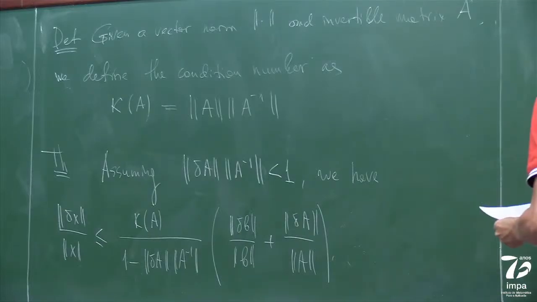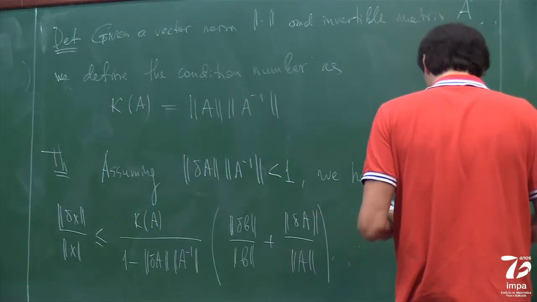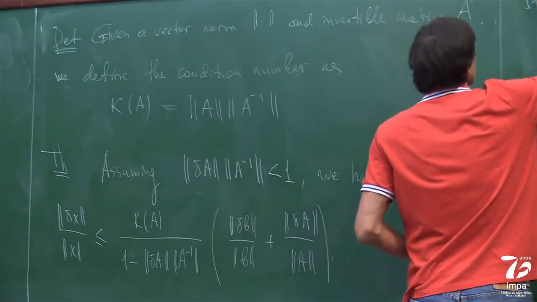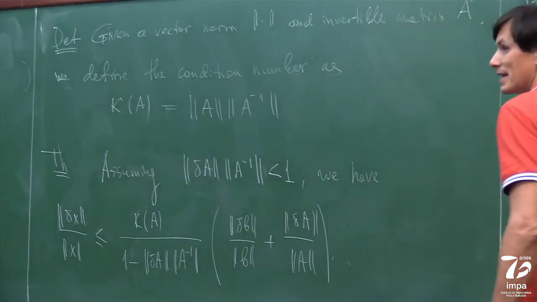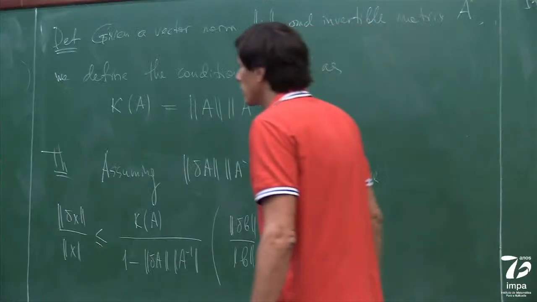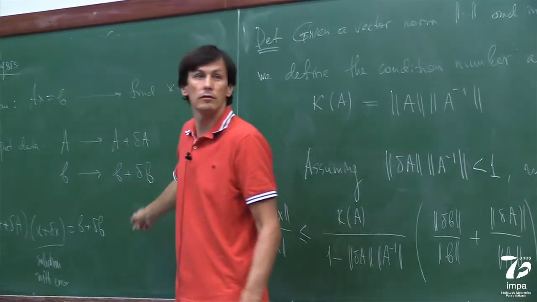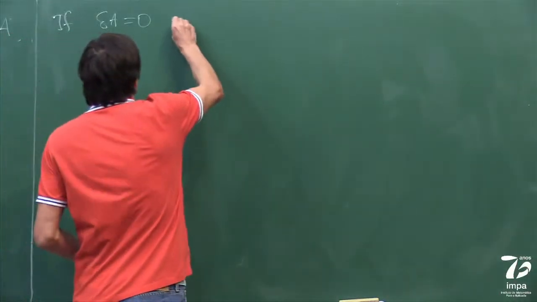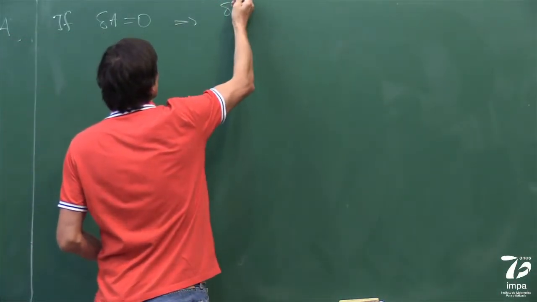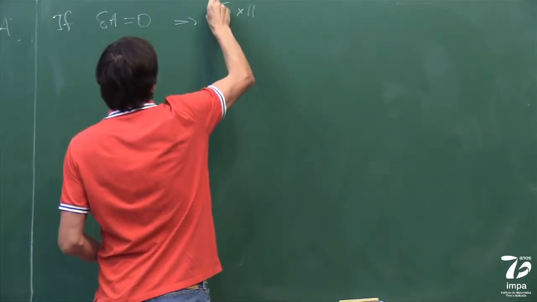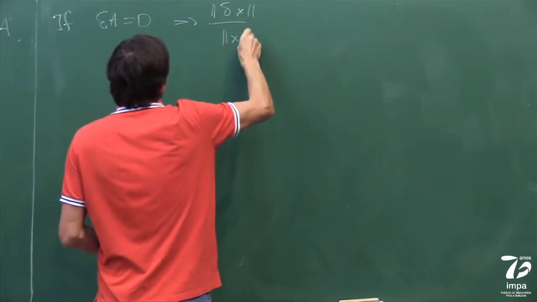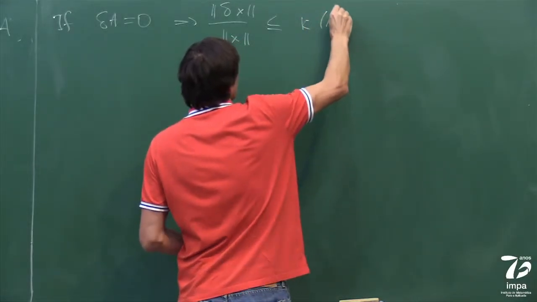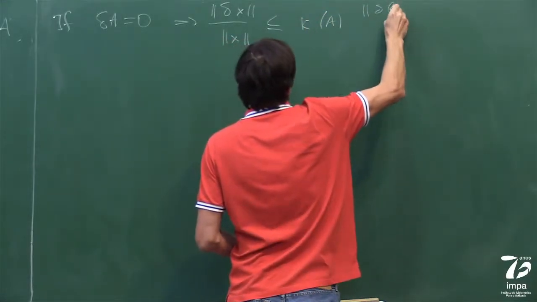So for example, if the matrix is exact, but we only have an error of the right-hand side, so the denominator term is 0, then we get that the relative error of the solution is bounded by the condition number times the relative error of the right-hand side.